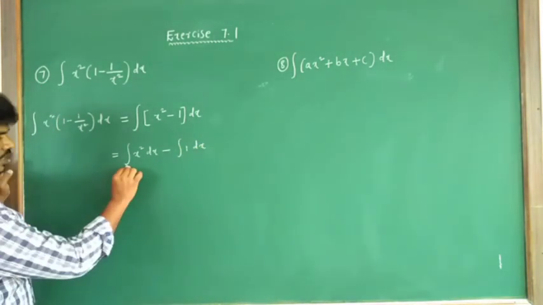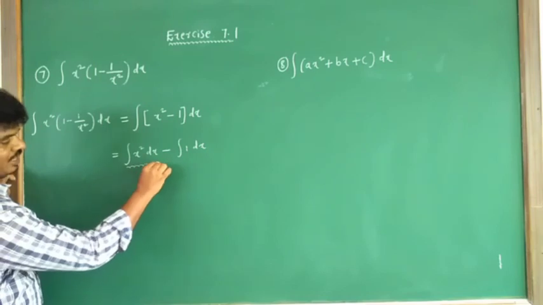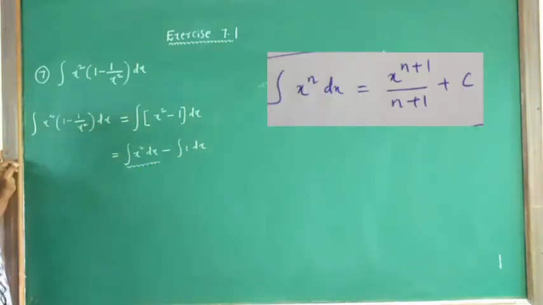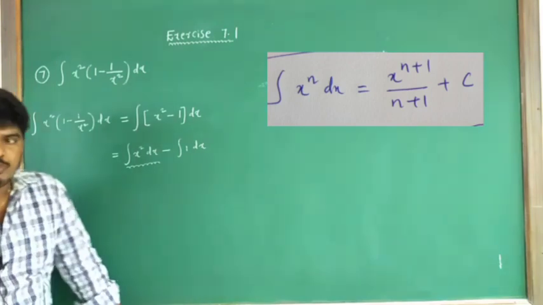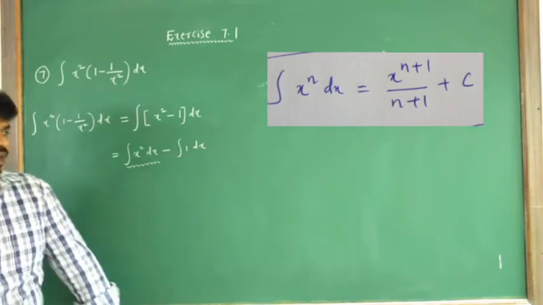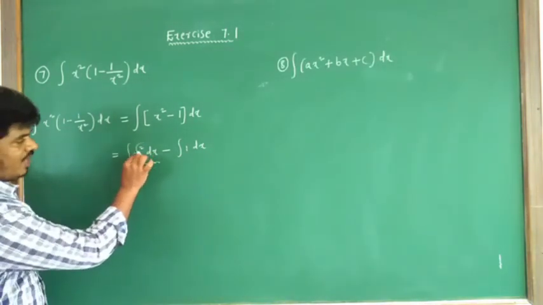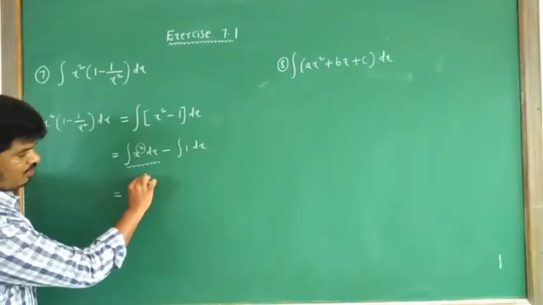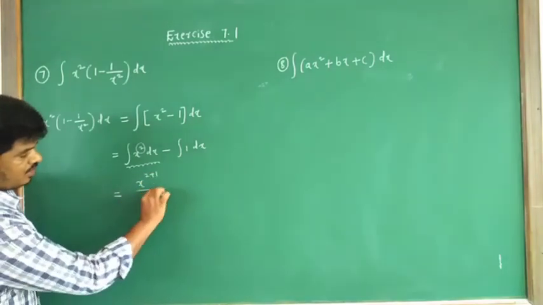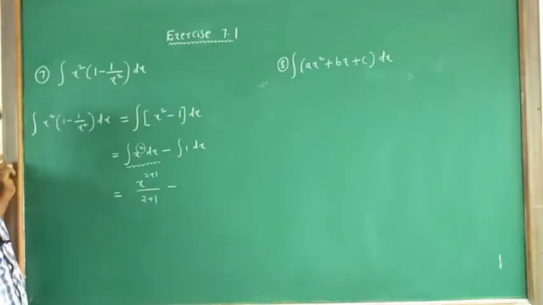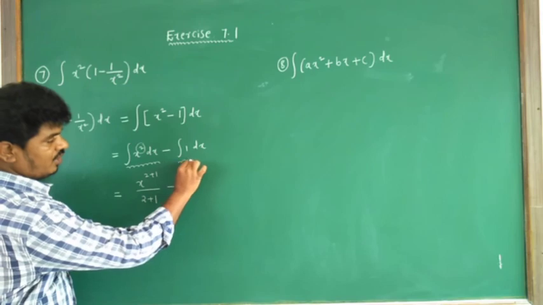For this integral of x square dx, I am going to use the first formula, that is the integral of x to the power of n dx is equal to x to the power of n plus 1 divided by n plus 1 plus c. Here in the place of n we have 2, so what we can write? X to the power of 2 plus 1 divided by 2 plus 1 minus, what is the integral of 1?